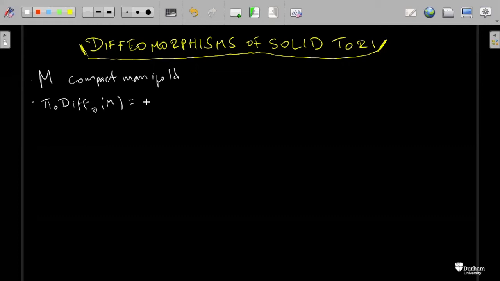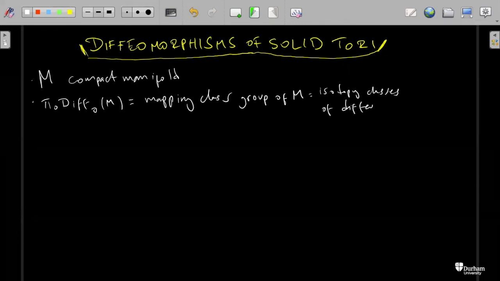So this is the mapping class group of M, which is again the group of, if you like, isotopy classes of diffeos of M. Again, everything rel boundary here. So this is a group.